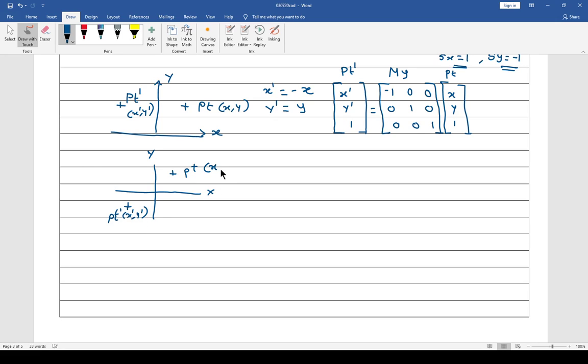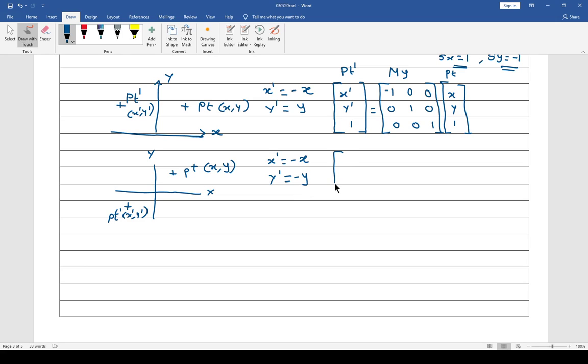So from this I could write x dash is equal to minus x, y dash is equal to minus y.